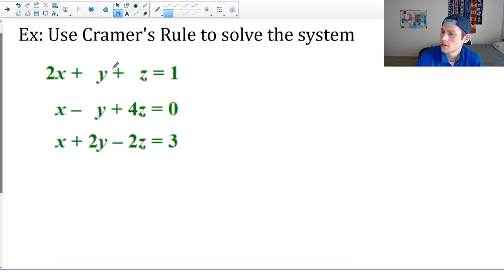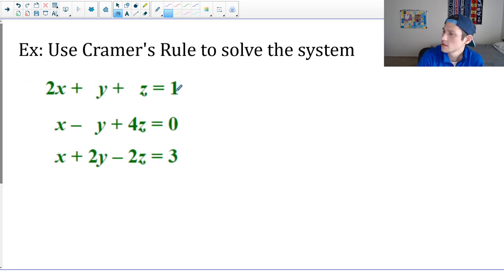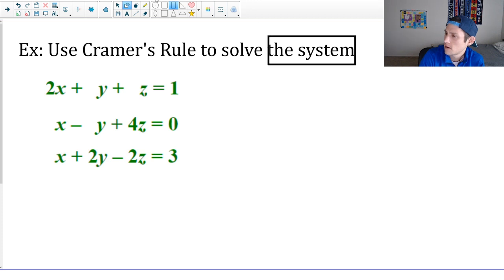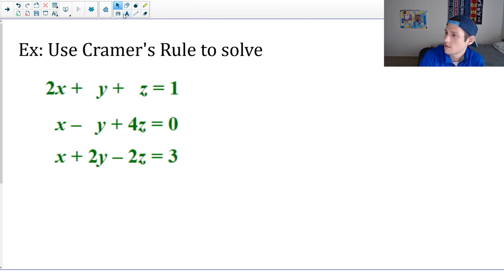Okay, so let's look at another one. Let's practice what that looks like. So not to solve the system, let's say to solve... Here, look. I'll do some masterful Photoshop. Wow. Let's say to solve for, I don't know, does anybody care?